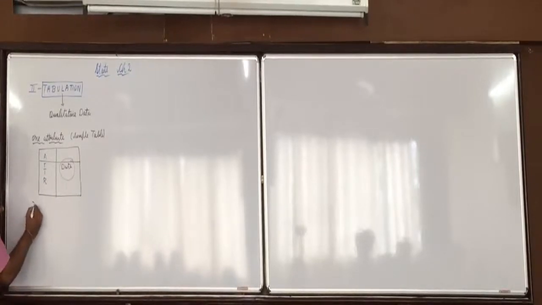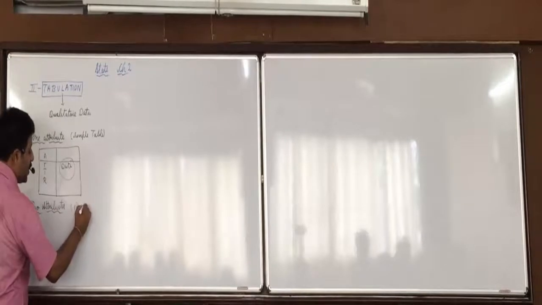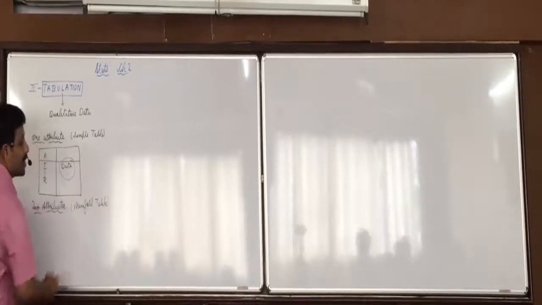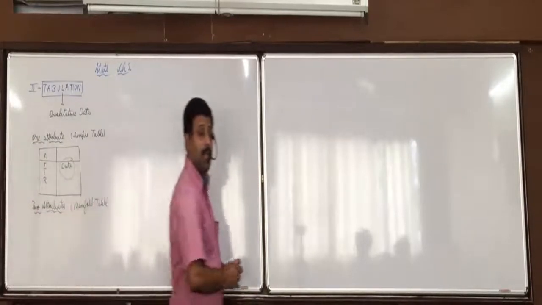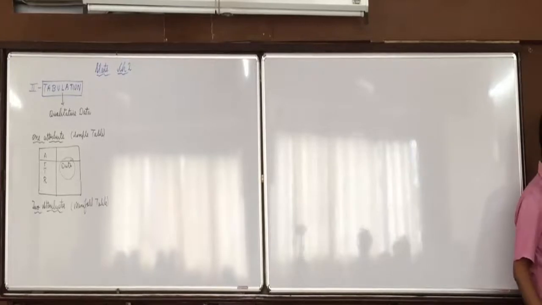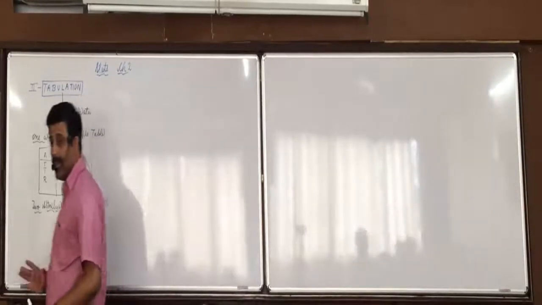If there are two or more attributes, we call it a manifold table. Single attribute, we call it a simple table. Two or more attributes, we call it a manifold table.